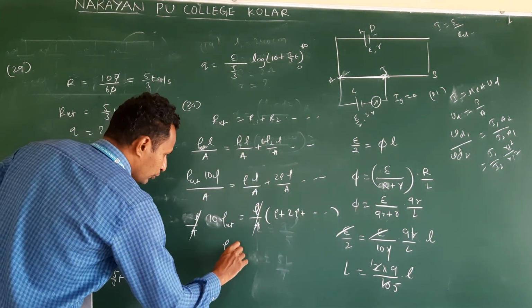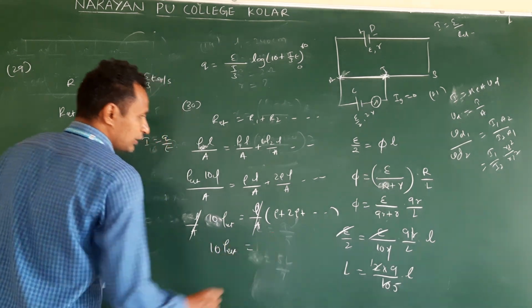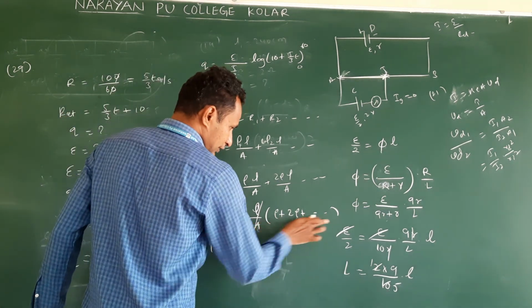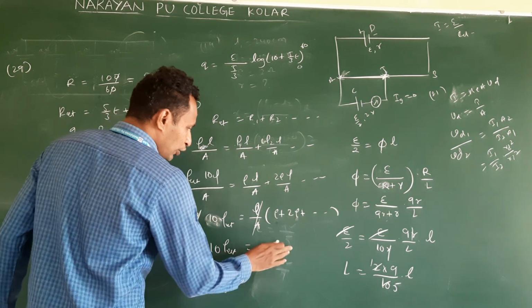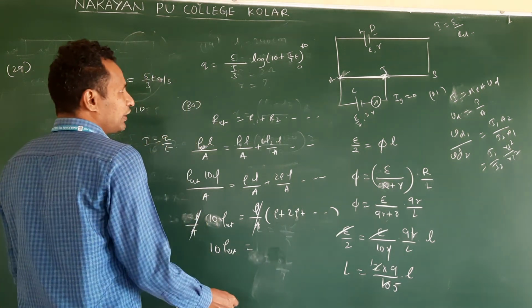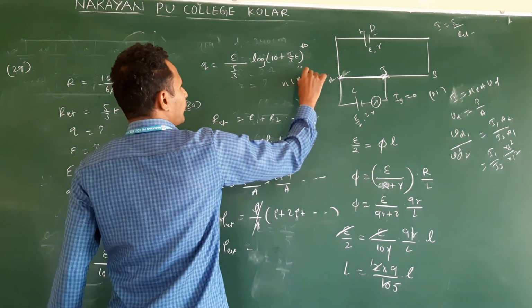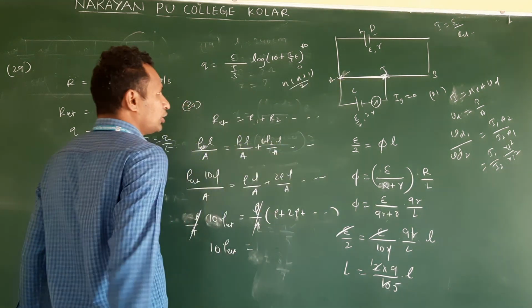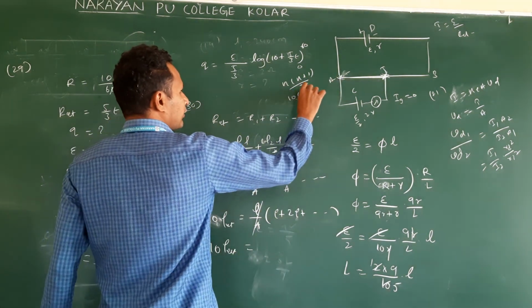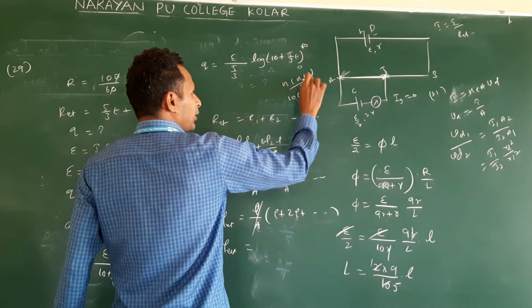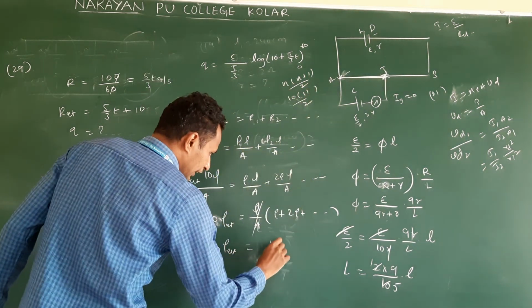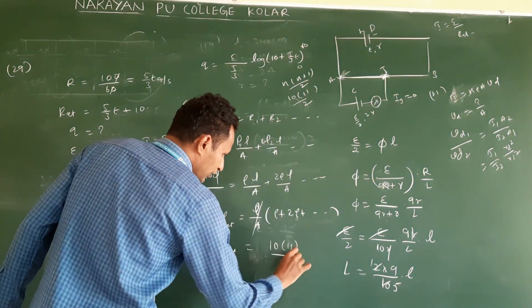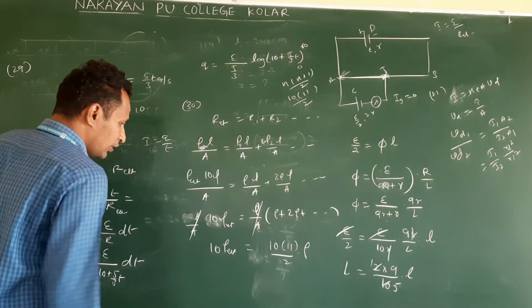And rho effective is equal to rho plus 2 rho and so on, all the 10 numbers. If you add them, what is the sum of n numbers? n into n plus 1 by 2. How many are there? 10. So 10 into 10 plus 1 by 2. So this we can write as 10 into 11 by 2 into rho. Clear?